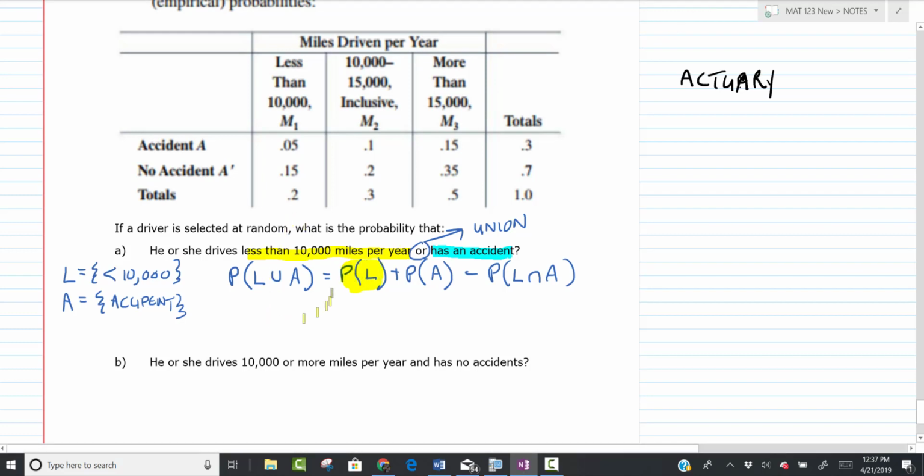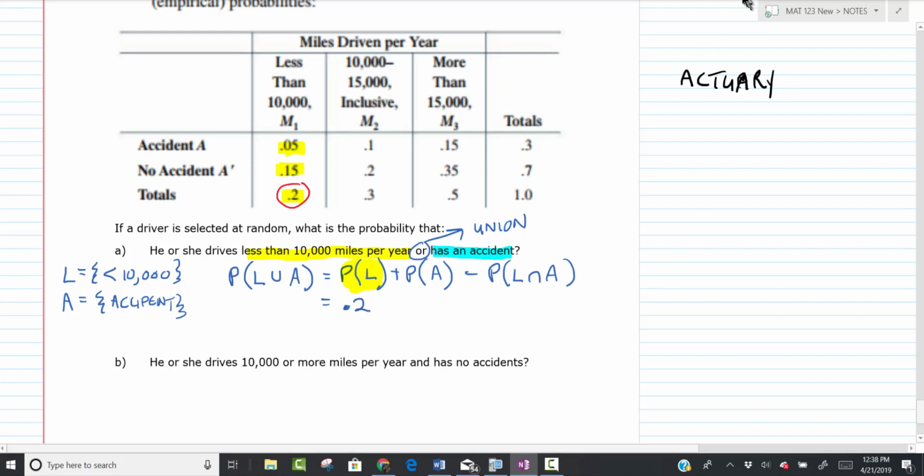So the first thing we want to do is look at our chart and figure out what is the probability of somebody driving less than 10,000. Well, that's that number right there. The people that drive less than 10,000 is this column right here, and that probability is going to be 20%. So that part is 0.2.